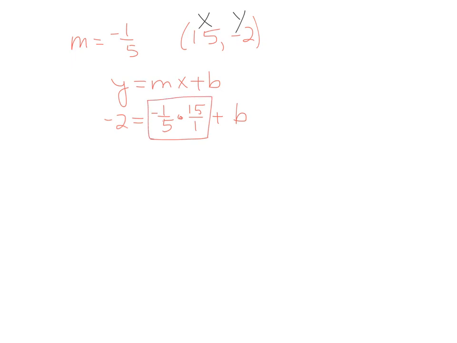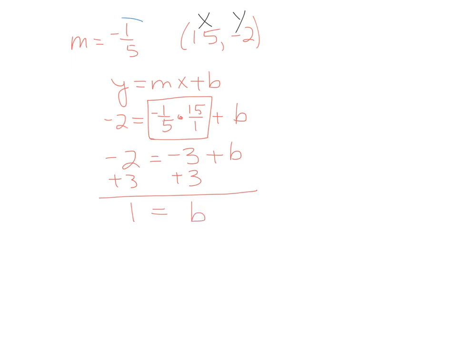Okay, do your math, do your multiplication here. Negative 1/5 times 15, that's going to equal negative 3. So negative 2 equals negative 3 plus b. Add 3 to both sides, and you get 1 equals b, and that's enough information.